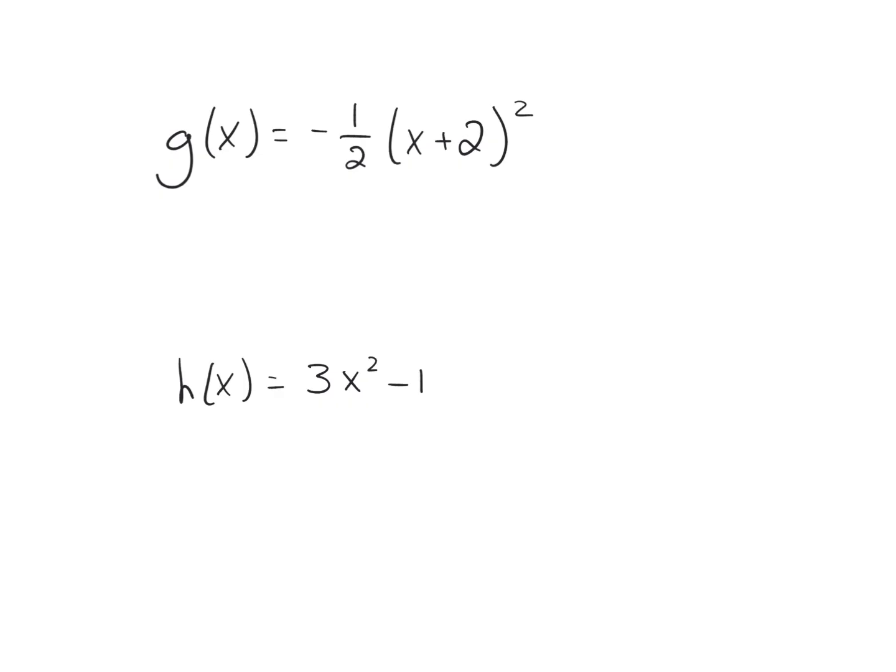So my a value here is -1/2. And this tells me a few things. It tells me it's being stretched by a factor of 1/2. And because it's negative, it's going to be facing down. It's been reflected over the x-axis.